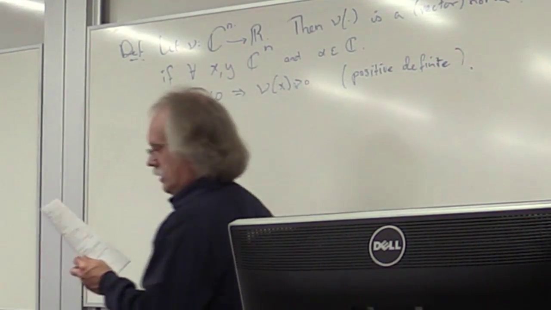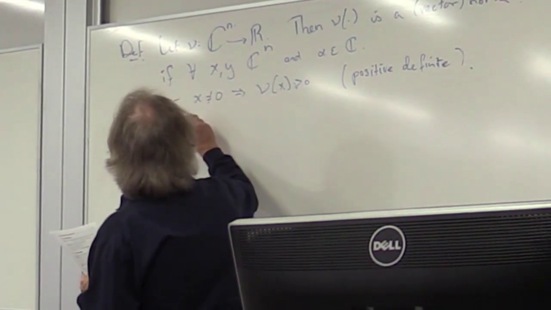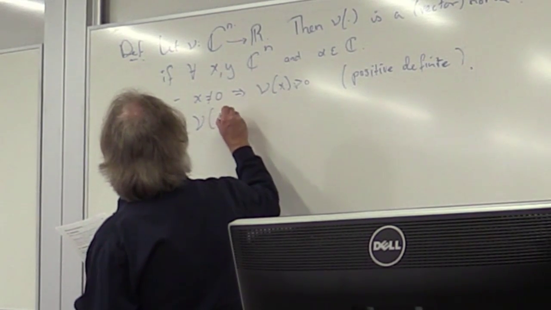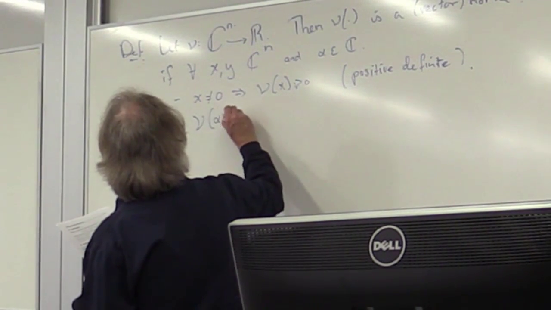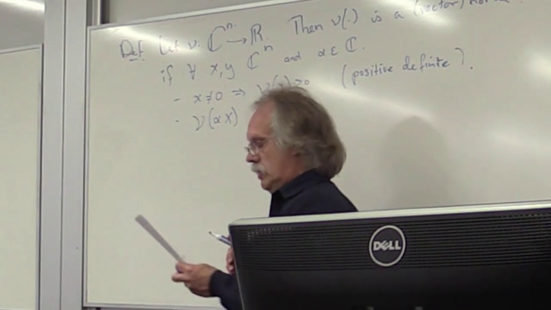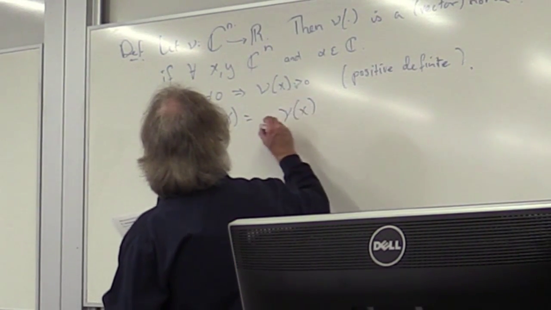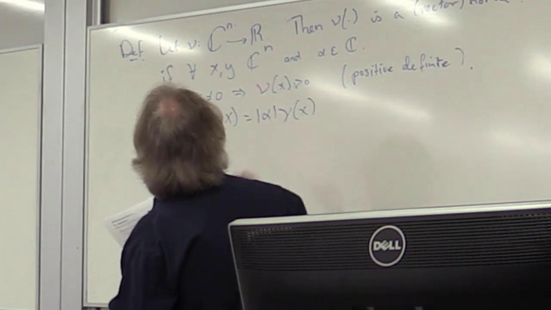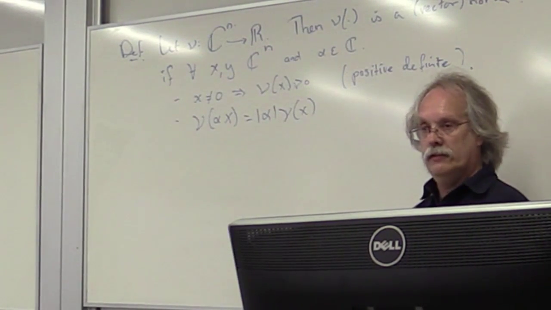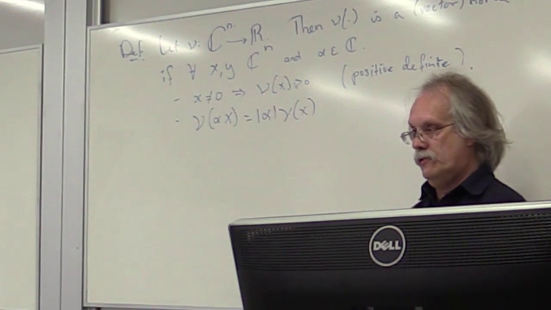The second one is if you take the vector x and you scale it by alpha, then you get back the length of the vector x multiplied by the absolute value of alpha. This is called homogeneity.